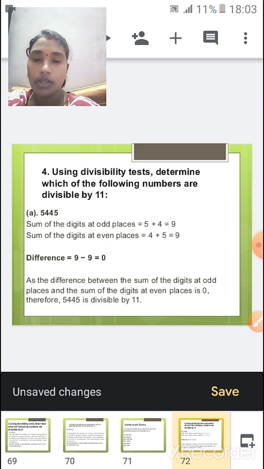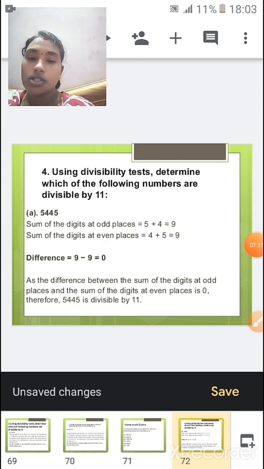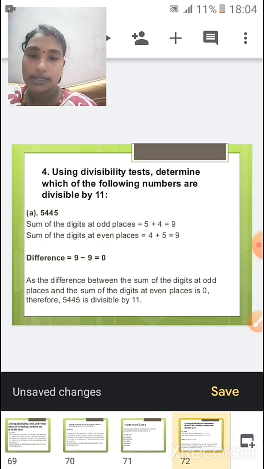5,445. Okay, so what are the numbers that are present in the odd places? So the numbers present at the odd places are 5 and 4. So when you add 5 plus 4, it gives you 9. And next, the sum of digits at the even places. 4 plus 5 gives you 9. 9 minus 9 will give you 0.